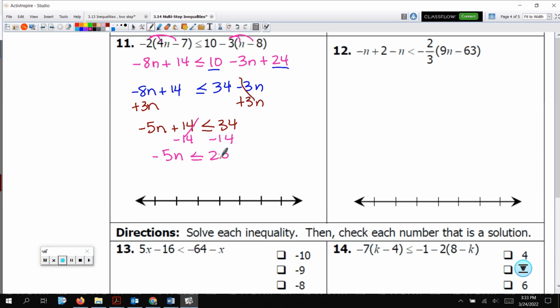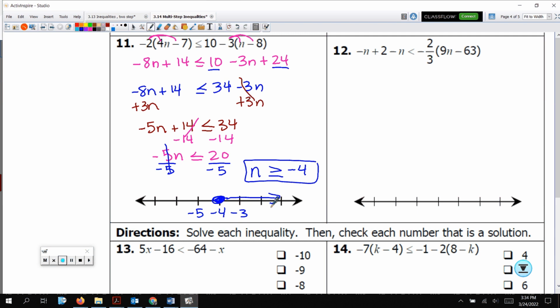Now all we need to do is divide by negative 5. When we divide by a negative, you know you got to flip that symbol, change direction. n is greater than or equal to, what's 20 divided by negative 5? Negative 4. All right, we're going to put our negative 4 here, negative 3, negative 5. It's a closed circle. Going to the right.